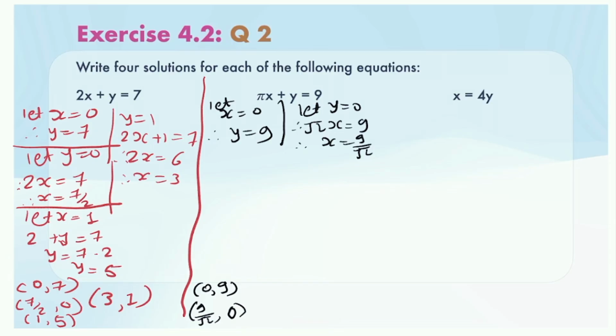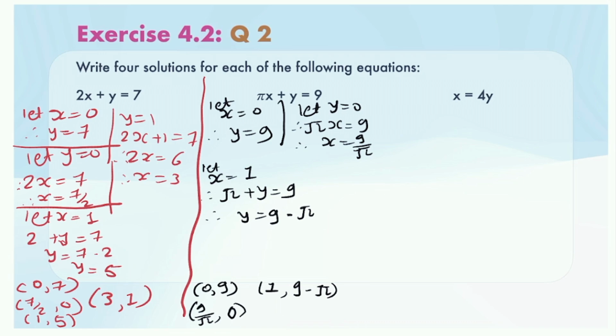Now let me put x equal to 1. How will it look if I put x equal to 1? Let x equal to 1. So the equation will be pi multiplied by 1, that is pi, plus y equal to 9. So the final answer will be y equal to 9 minus pi. Just as simple as that. So my third solution is when I put x equal to 1, I get y equal to 9 minus pi. Right?